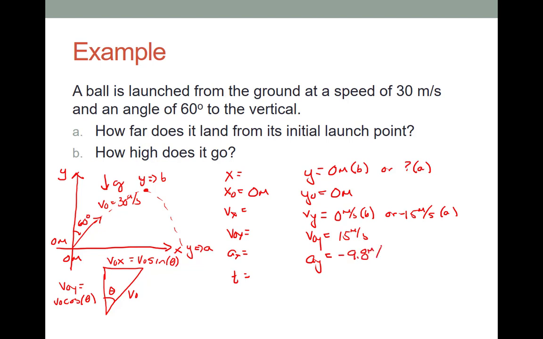Vertically, the acceleration is 9.8 meters per second squared downward, which in this coordinate system makes it negative. A sub x, the horizontal acceleration, is 0. The horizontal velocity, V naught sine theta, if I plug those numbers in, I get 26 meters per second. And that allows me to fill in Vx as well because, again, acceleration is 0 that way.